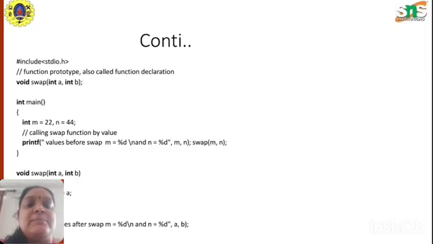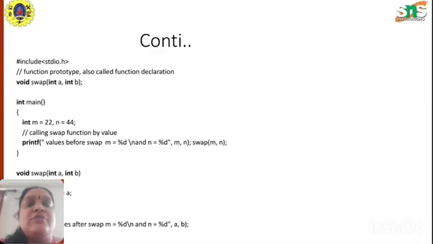You start with the main function, and before starting the main, you write the function declaration, telling the compiler that I'm going to use a function called swap, which has two arguments, A and B. The function declaration should always end with a semicolon.